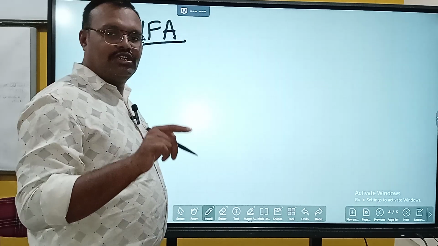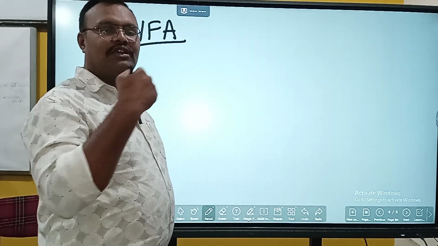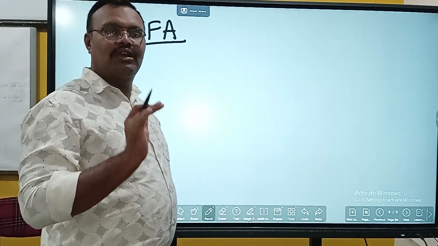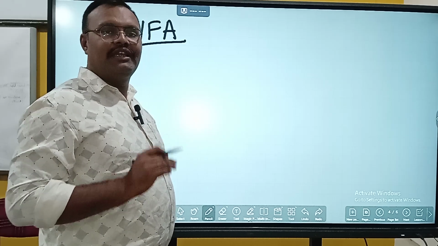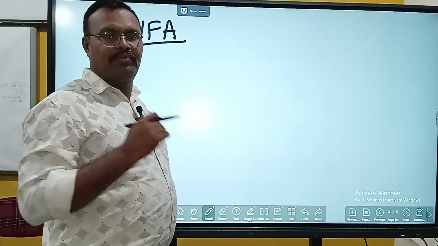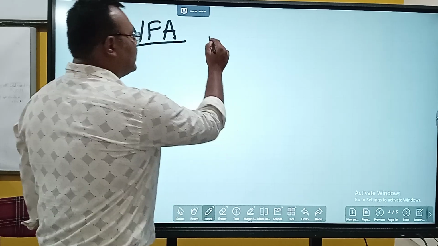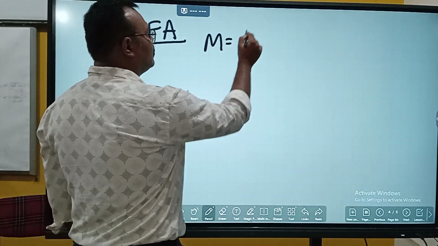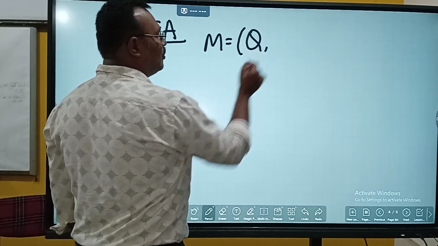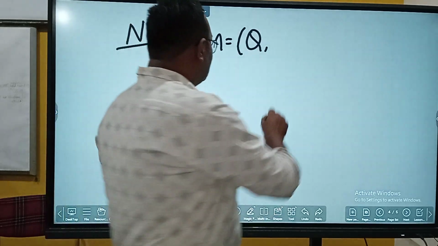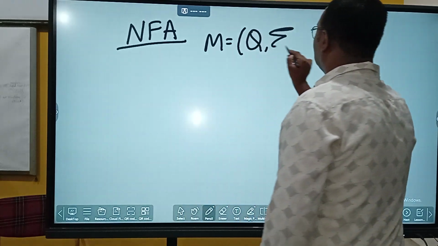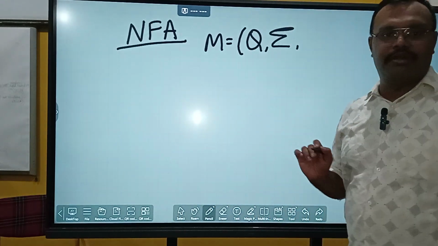In the definition of deterministic finite automata, we have clearly said that it is a quintuple, or a five-tuple, which has five elements in it. That is, M is equal to Q, which stands for the set of states. Then we had sigma, which is the set of alphabets.